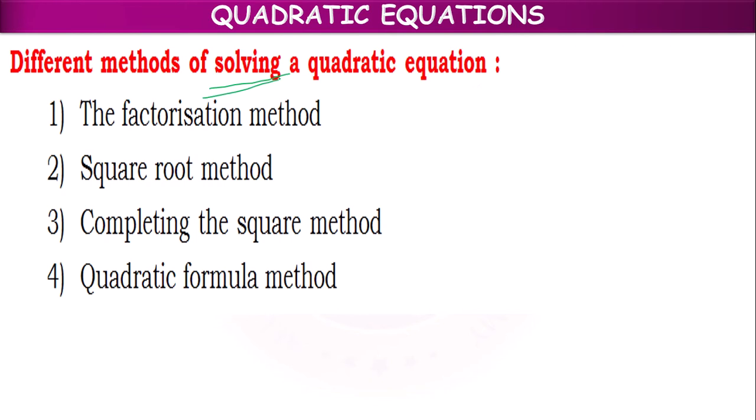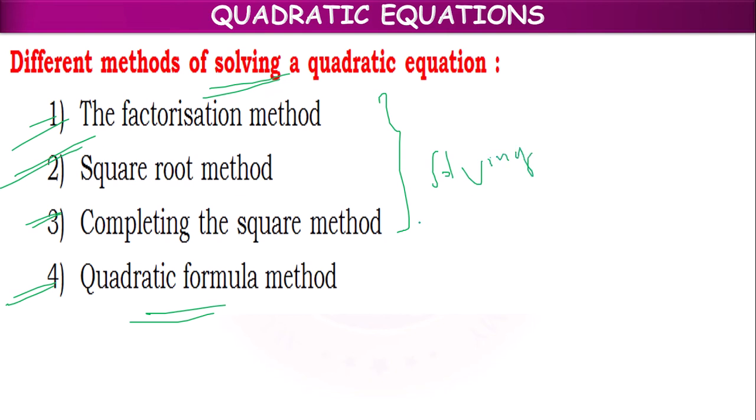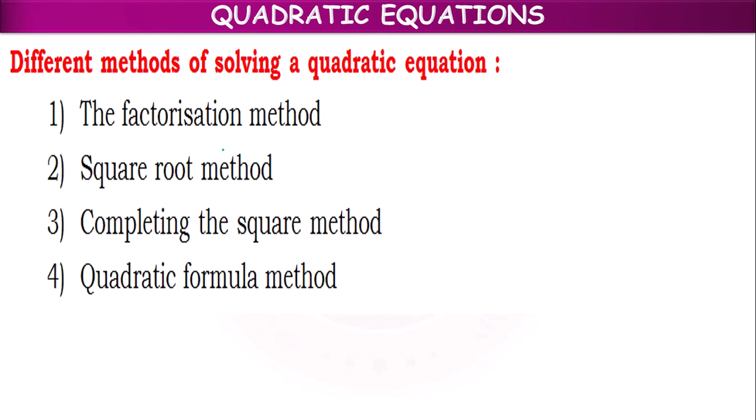So this solving we can do by different methods. First one, factorization method, square root method, completing the square method, quadratic formula method. Like that, we have different methods for solving a quadratic equation. So let's try to learn one by one.